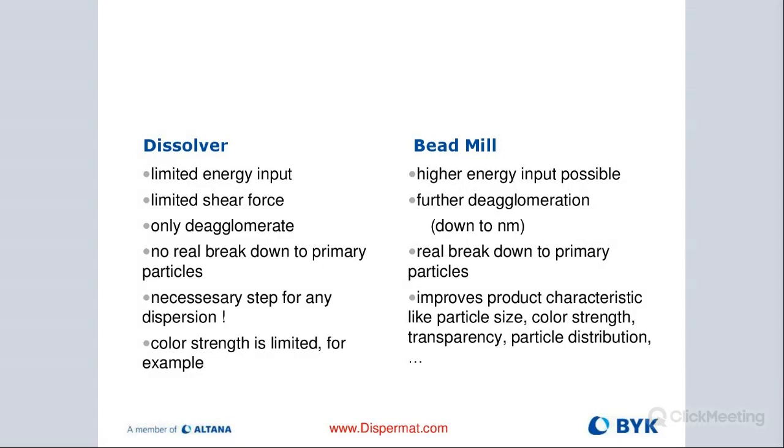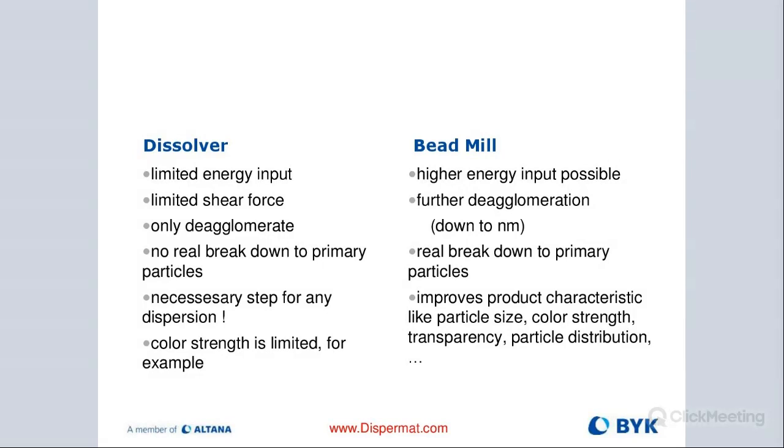So the difference here between the dissolver and the bead mill, as you probably already know: our dissolvers are called Dispermats. You can use them for both dispersing as well as milling. That's what makes them really unique. When you use them as a dissolver, that's the first step in the dispersion process, pre-dispersion.